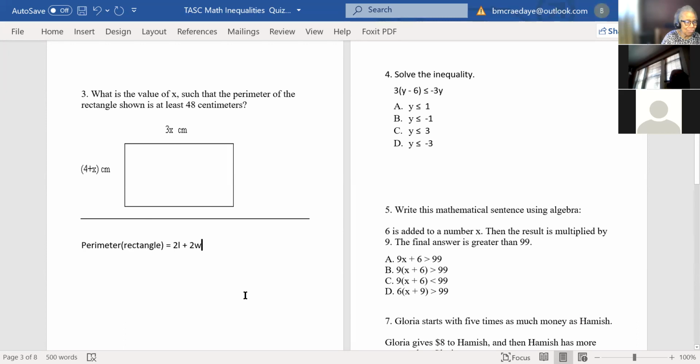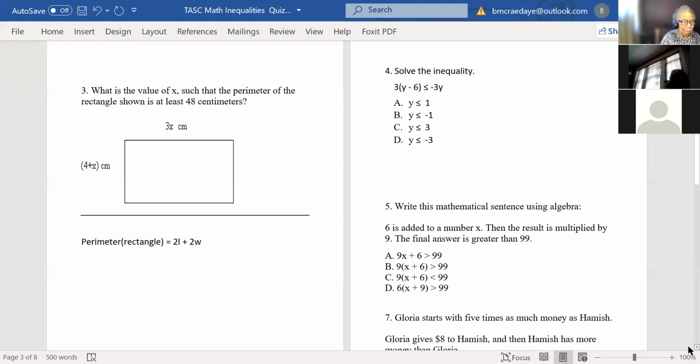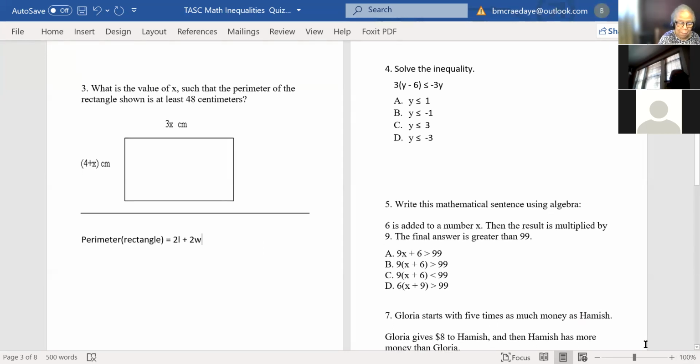It says, what is the value of x such that the perimeter is at least 48 centimeters? Since this side here is 3x, you put it 3.